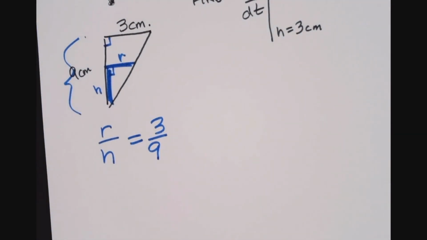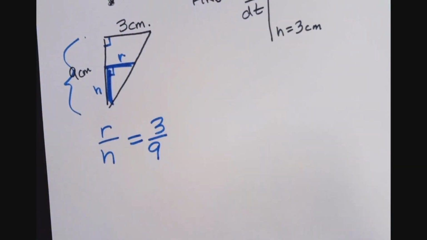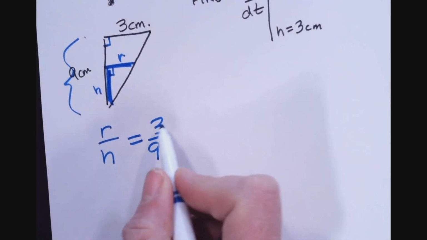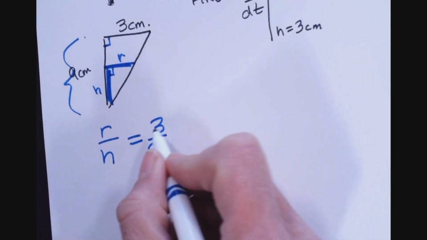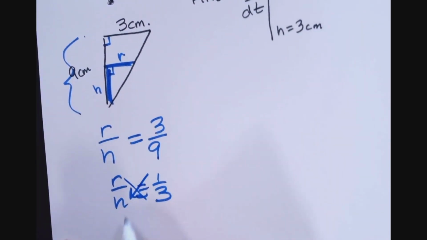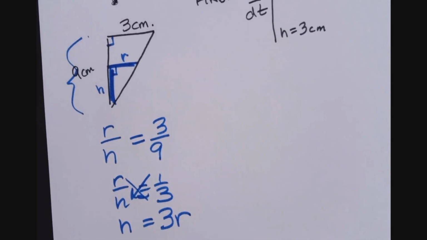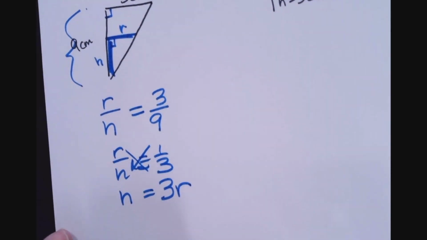And I'll show you where we're going with this in just a minute, but we're just figuring out what we know here. Well, let's see, this would equal 1/3. R over H would equal 1/3. So if I cross multiply here, I get H equals 3R. What if I solve that for R?